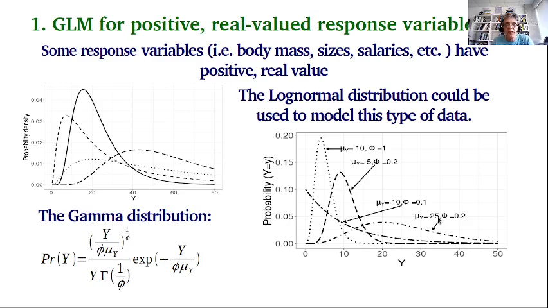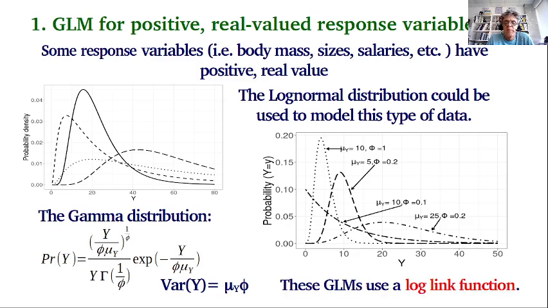So the phi, the dispersion parameter of the gamma distribution, governs the relationship between the mean and the variance, and here we see that the mean is proportional to the variance, and that concept of proportionality is dictated by the value of the parameter phi.